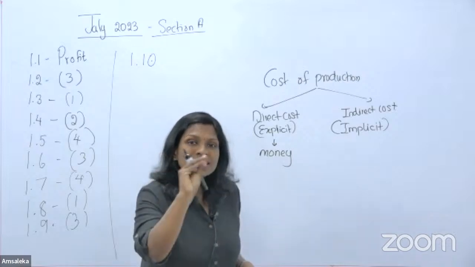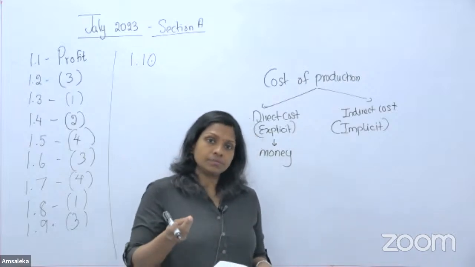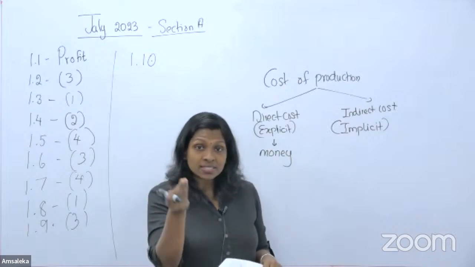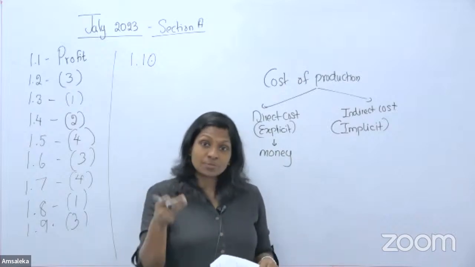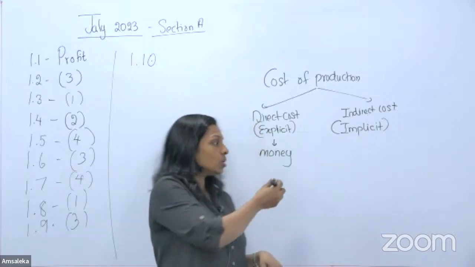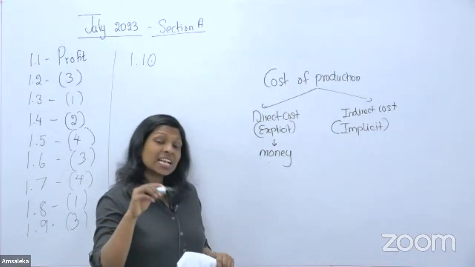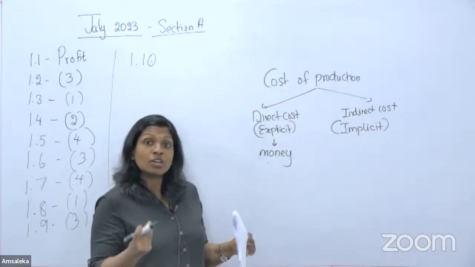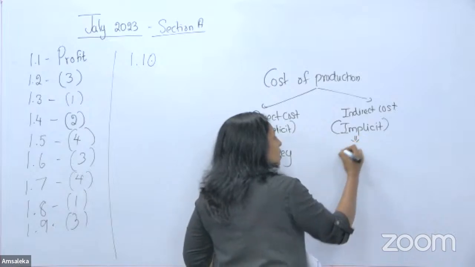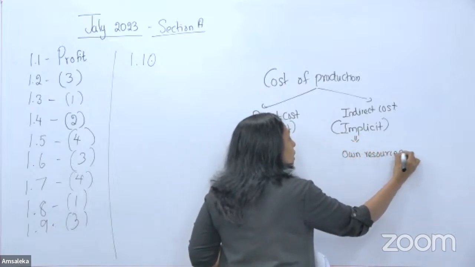So if the statement is given with words like paid, given, expenses, spending or paying, they are about you spending money. But implicit means indirectly you are sacrificing the value from your own resources, the benefit from the own resources.